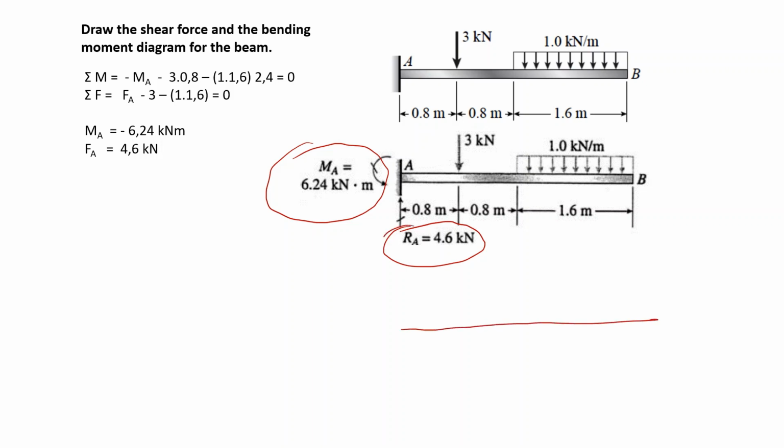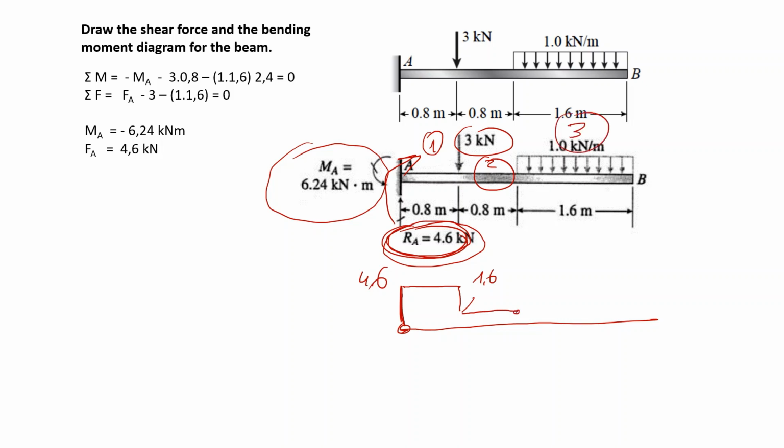Well, here in point A, I have a force trying to rotate clockwise. That is positive 4.6. Region 1, no slope, W0. Then a drop of 3, so I reach 1.6. Region 2, slope is 0. And in region 3, we have a slope dV over dx is minus 1.